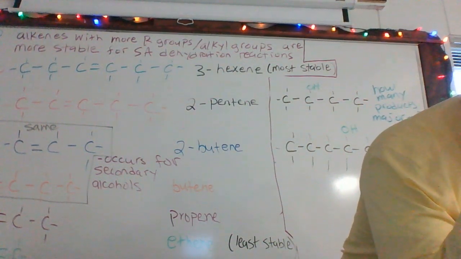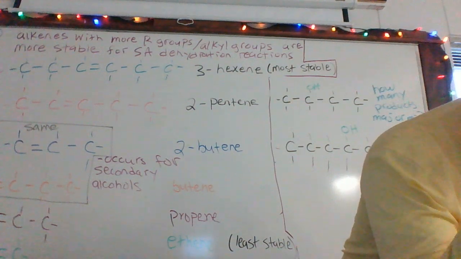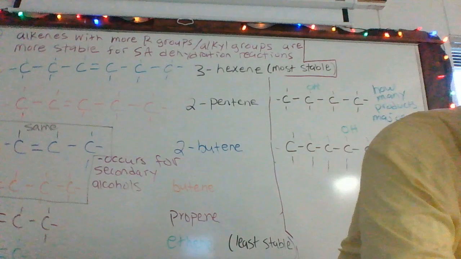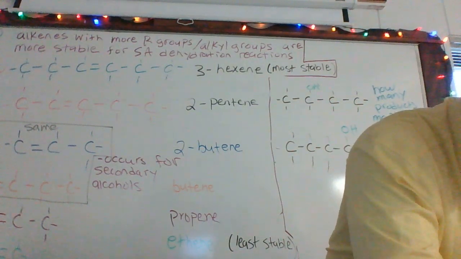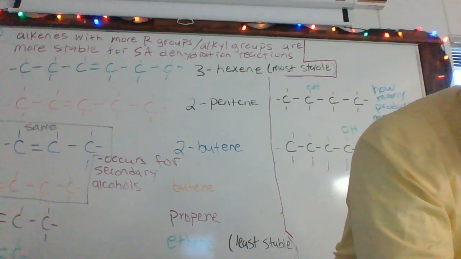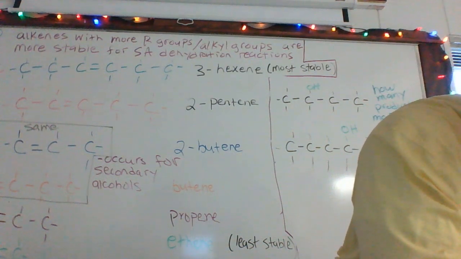And what are those? Primary, tertiary, and secondary. That's why it's so important that you recognize those. Most such alcohols have hydrogens attached to carbons on both sides of the carbon holding the OH. That would be for a secondary and tertiary alcohol.